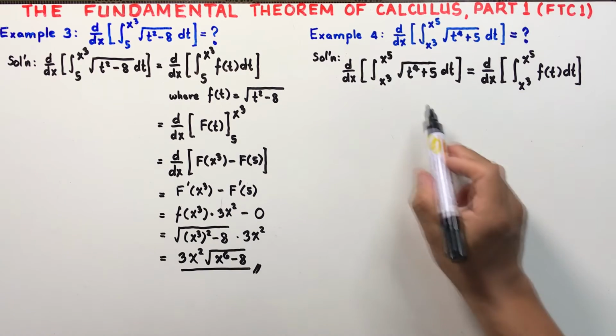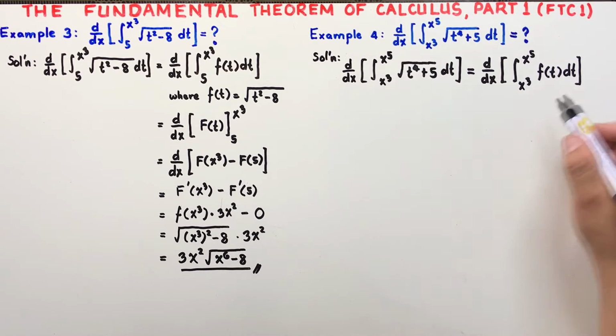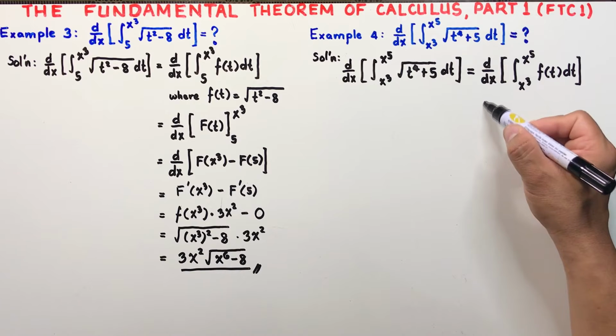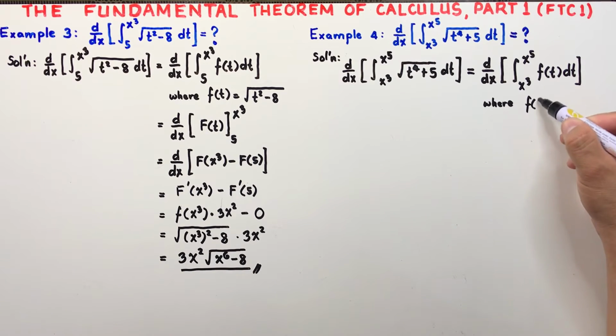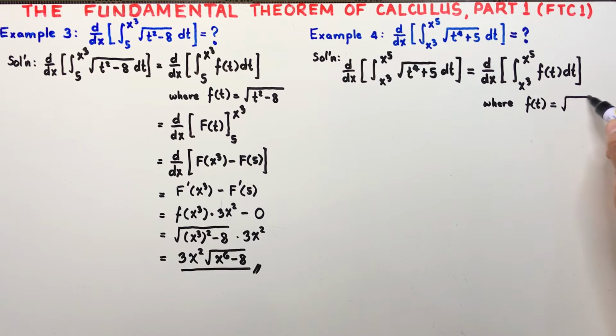So instead of writing this function, we just write small f. So we will write here that our small f of t is just equal to the square root of t to the power of 4 plus 5.